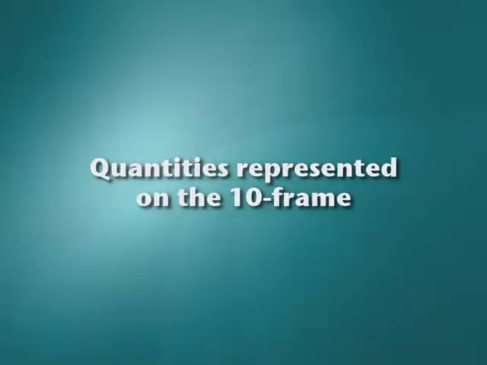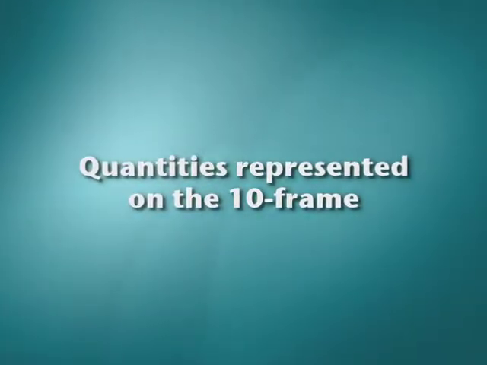Subitizing, as you know, if you've read The Young Child and Mathematics, is an important skill in number and operations. By playing this game with 4 children, I was able to see who could subitize and who could not. If you notice, there were several that could just look at that and know the number. A second thing I was able to get at was the idea of the quantities represented in the 10 frame.